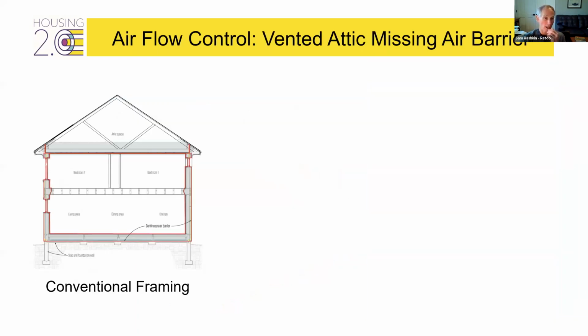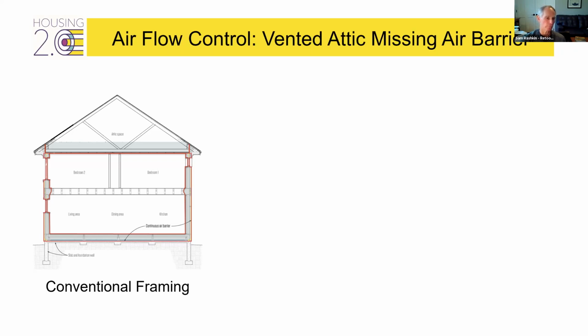I want to highlight one of the most egregious parts of a typical attic construction, which is the missing air barrier. What we do to make sure we have complete air barriers is we take a red pencil and draw a continuous line for the outside air barrier and the inside air barrier without lifting the pencil, and then we know we're complete.